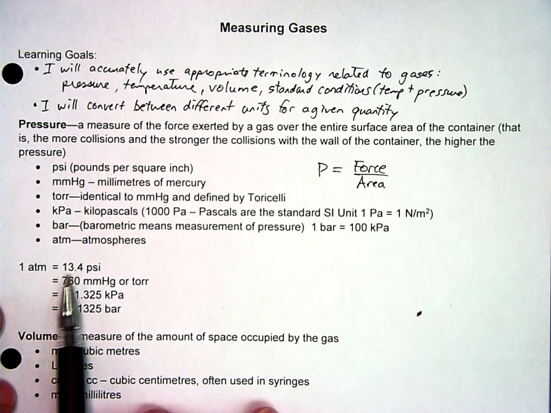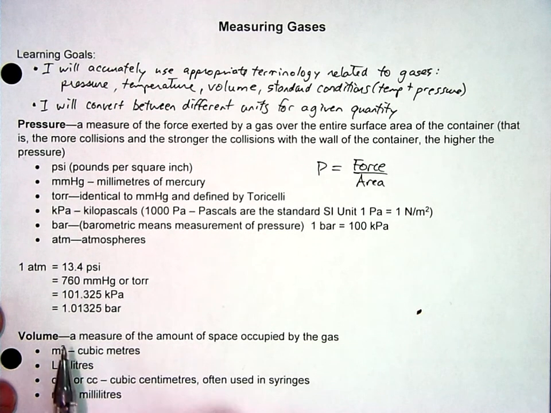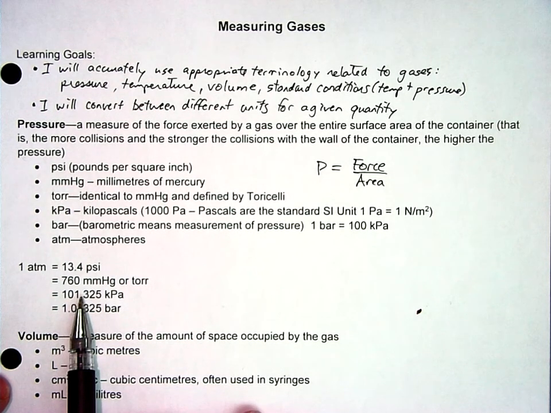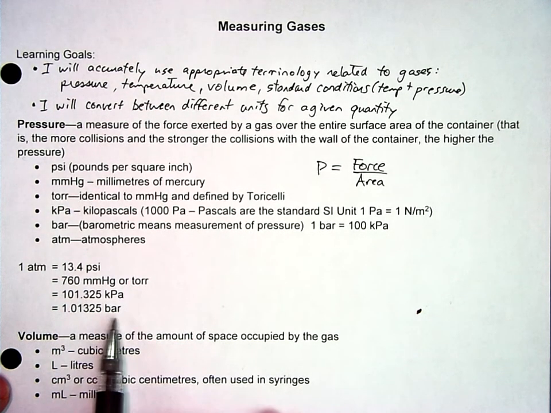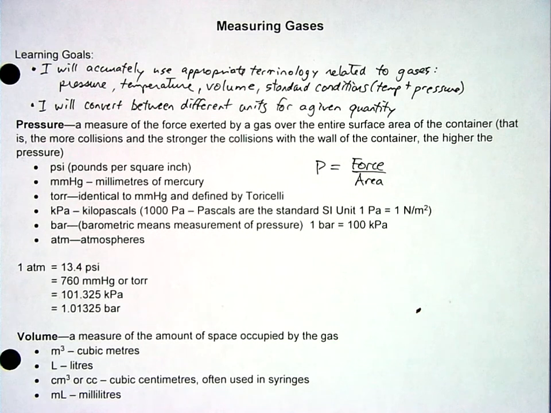One atmosphere is 14.7 pounds per square inch, 760 millimeters of mercury or torr, also 101.325 kilopascals, and finally 1.01325 bars. We're just dividing by 100 there.